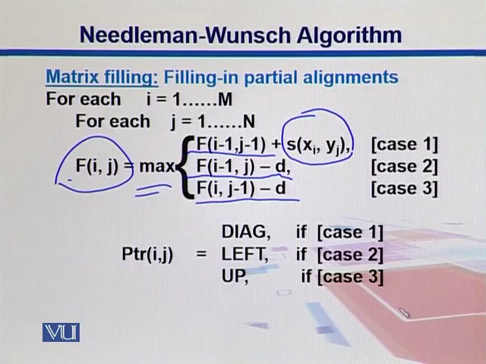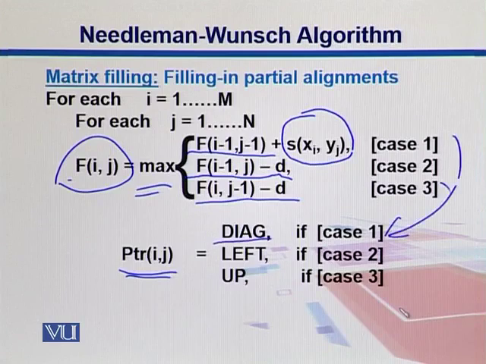And then in the end, in the traceback, we will have some pointers that keep track of where the score of the current cell is coming from. So diagonal if it is coming from case 1, left if it is case 2, and up if it is case 3. So it will keep track of where the score is coming from. That will help us in traceback.